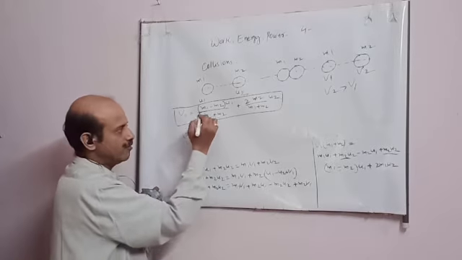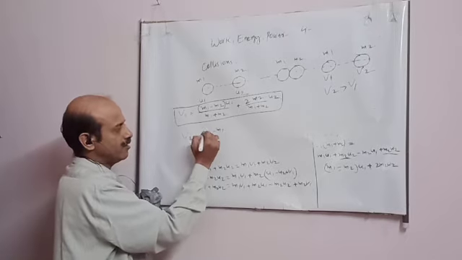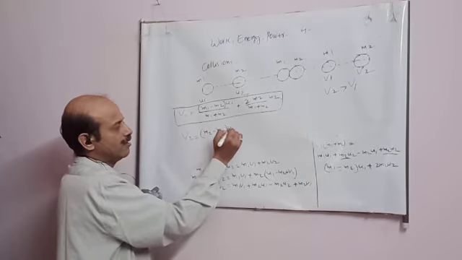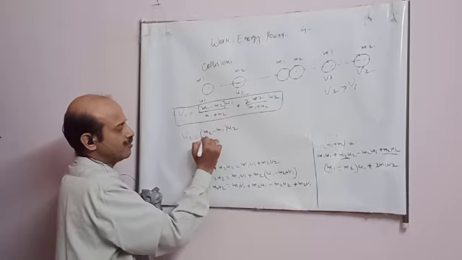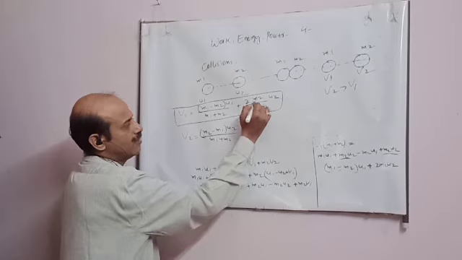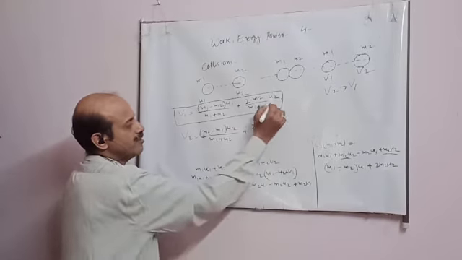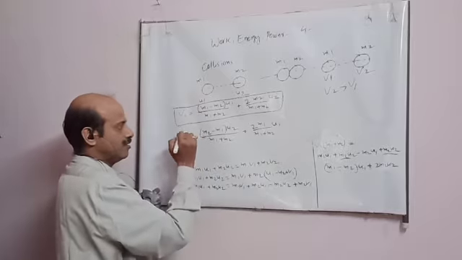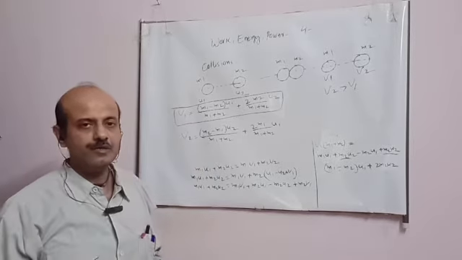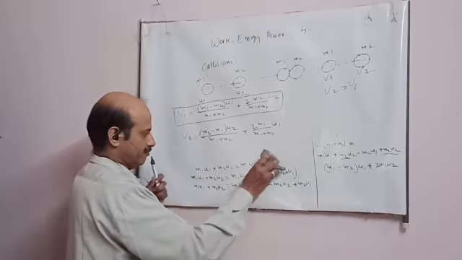So in place of m1 write m2, in place of m2 write m1, in place of u1 write u2, and the second term has m1 with u1. This is the velocity of the second body after collision. We are talking at present about elastic collision.